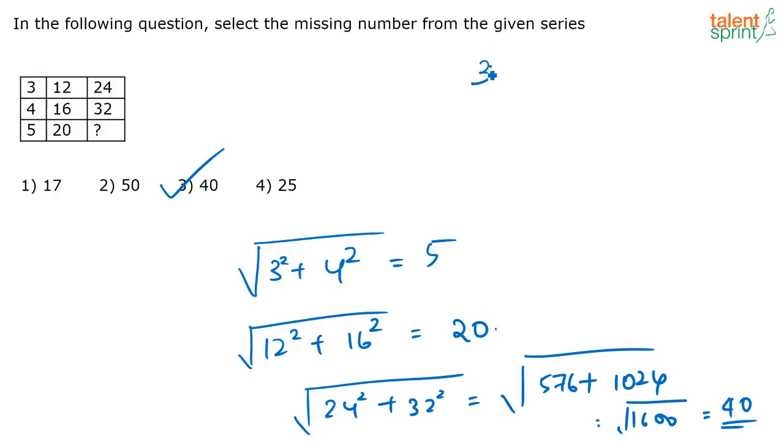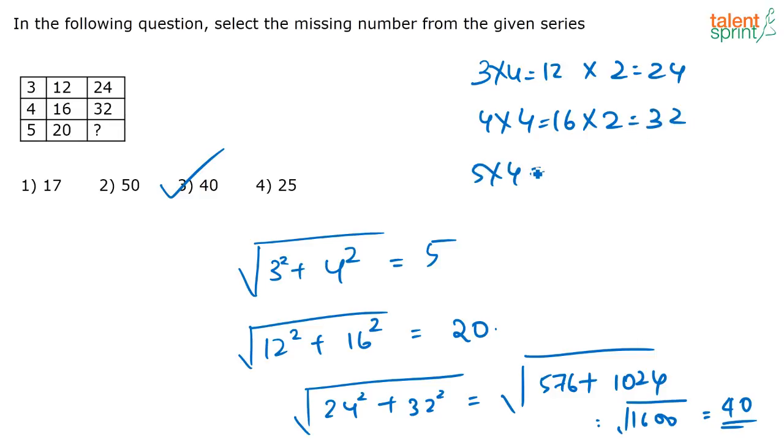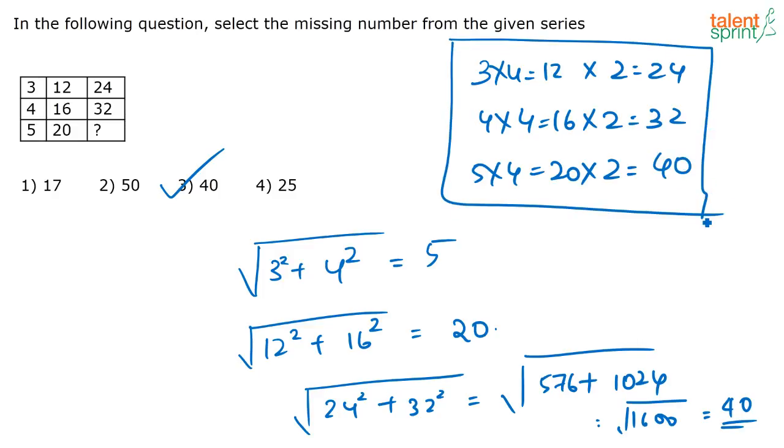See, the other way to do it would be 3 4s are 12 and 12 2s are 24. Similarly, 4 4s are 16 and 16 2s are 32. So 5 4s are 20 and 20 2s are 40. Okay, so this seems to be an easier way, correct? Because the number of calculations required will be less unless you know what is 32 squared.